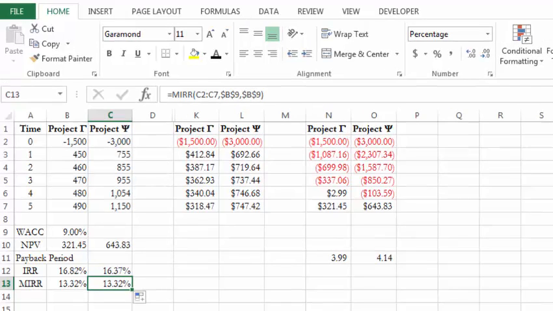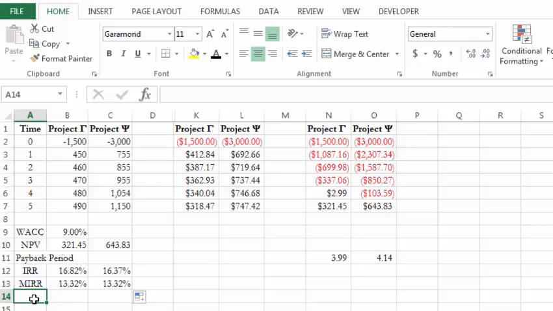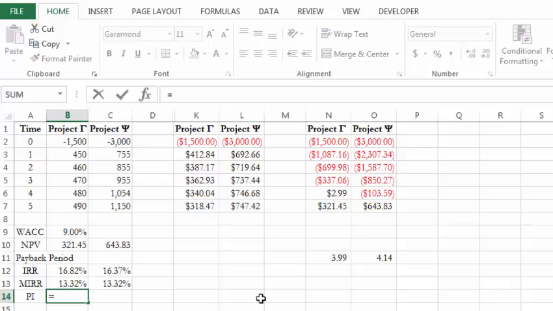Okay, at this point we're going to be looking at the profitability index. I'm going to call this, I hate to call it this, but it's PI, profitability index. Many people will say that's the way you spell pi, and that's 3.1415, etc., and I'm not going to go in there. So we're going to hit equal, and as we mentioned before, this is the present value of all of the inflows in the numerator.